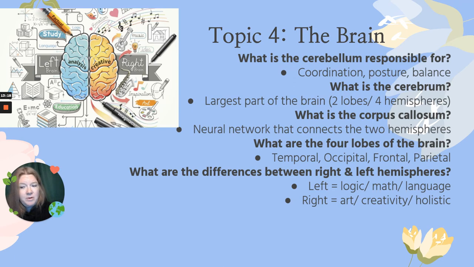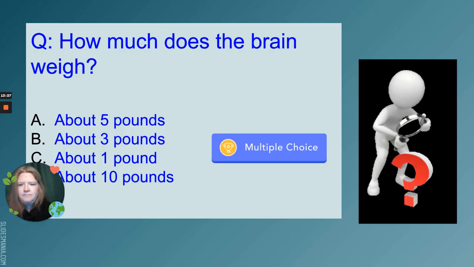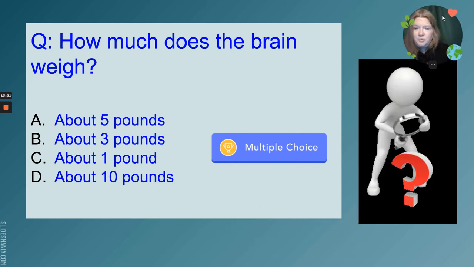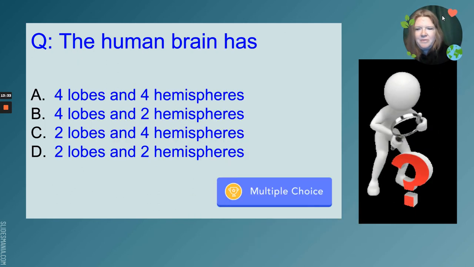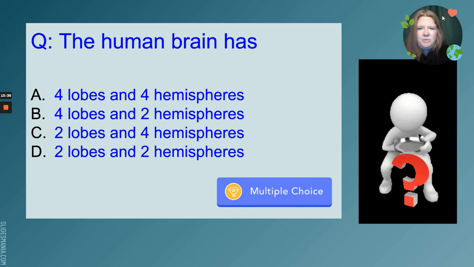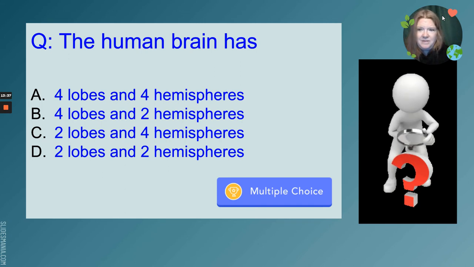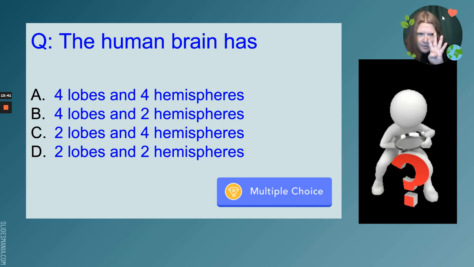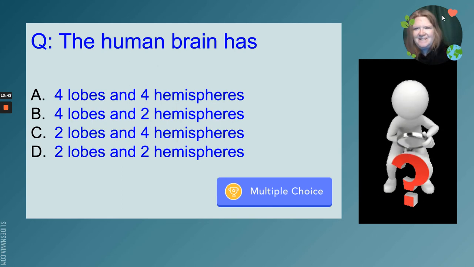But it is not a perfect system. That is not 100% of all of the logic is on the left side. There is crossover. All right, so how much does the brain weigh? Do you remember? Right, about 3 pounds. And the human brain has how many of each? Do you remember? It's 4 lobes, 2 hemispheres.